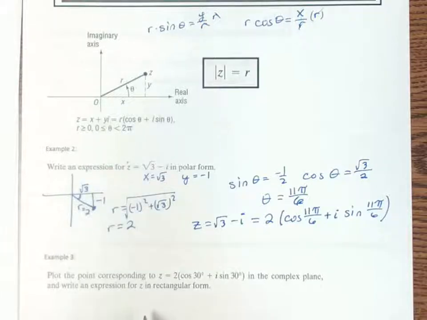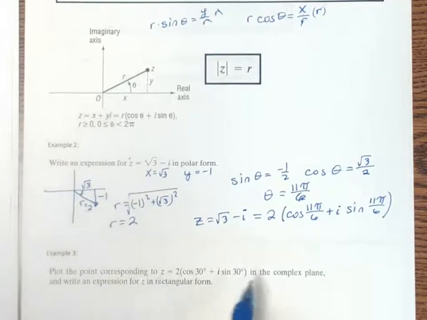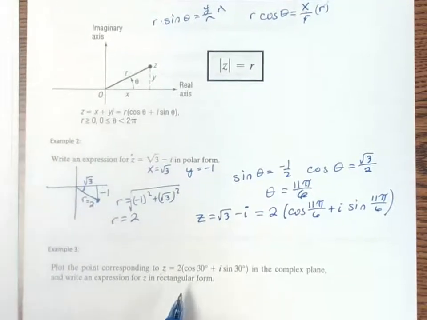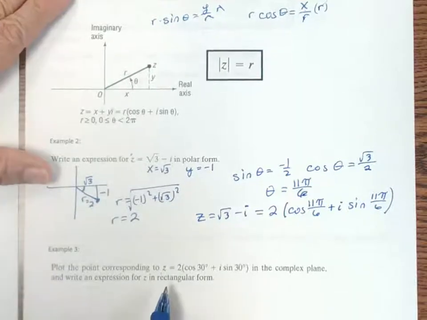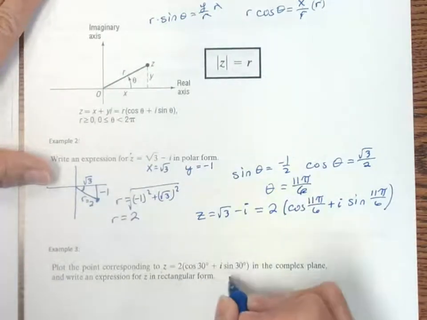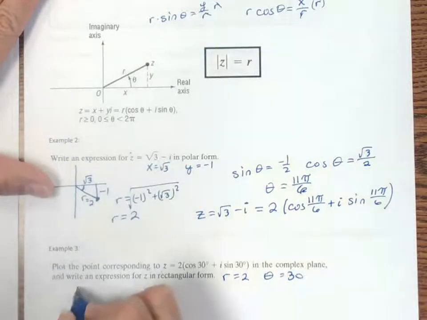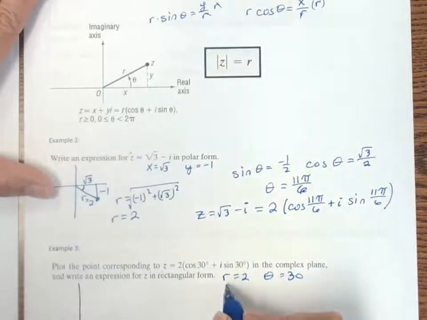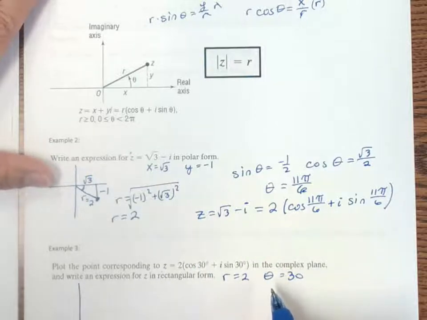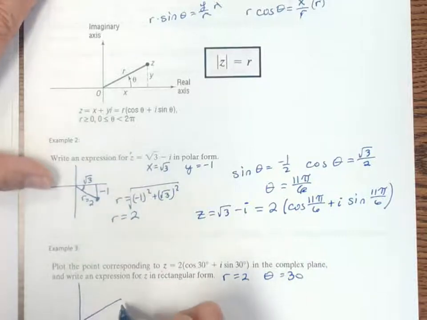Okay, how about this? We want to plot the point of z in the complex plane and write it in rectangular form. Okay, so let's plot the point. My radius, looking at this, radius is 2, theta is 30. Well, a positive radius, which it has to be by definition, and our angle of 30 is in the first quadrant.